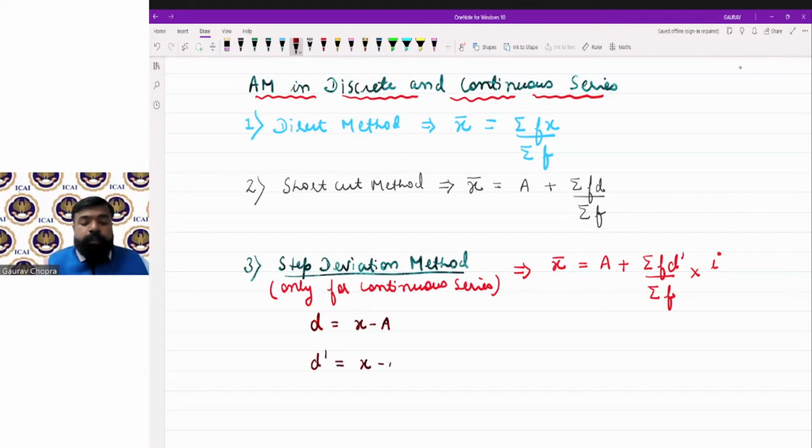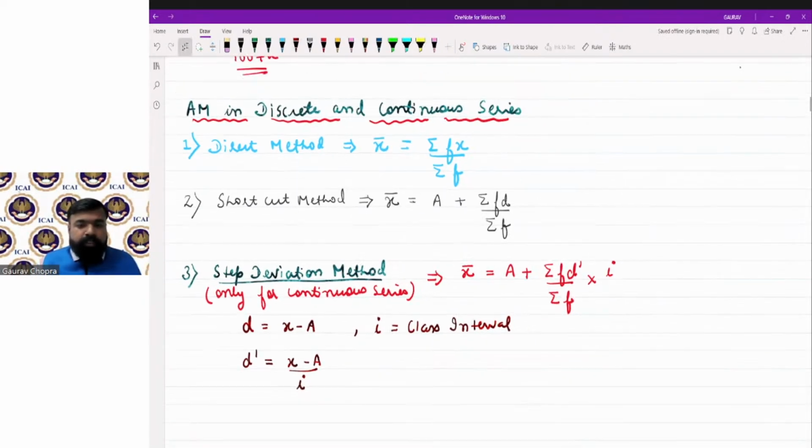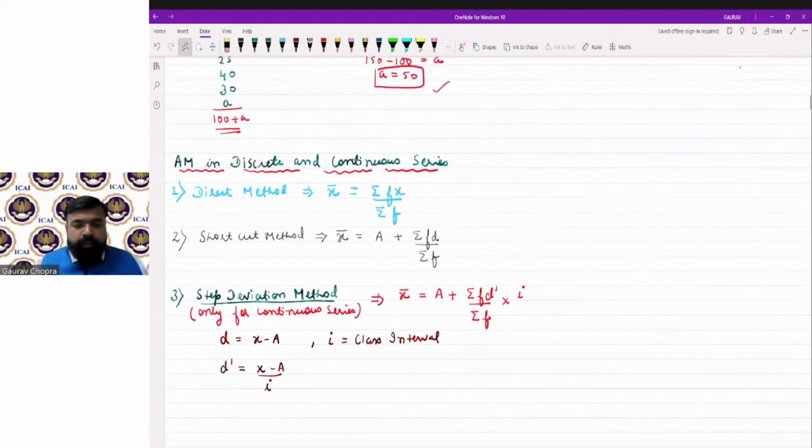But d dash means x minus a upon I, where I means class interval. So we have to divide with I. So d dash is equal to x minus a upon I. So these are the formulas for discrete and continuous series. So let's try some questions based on these.